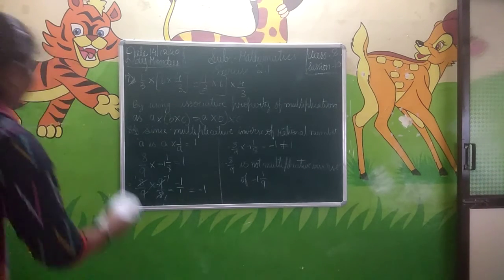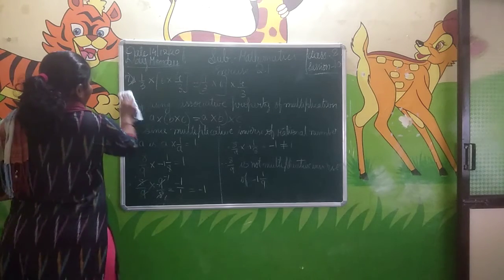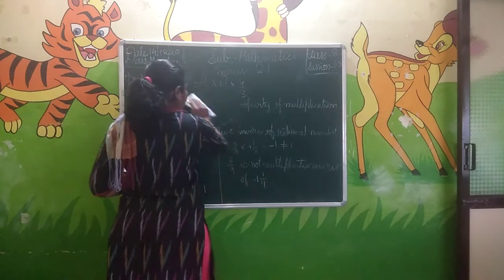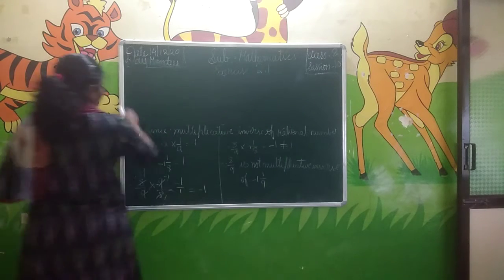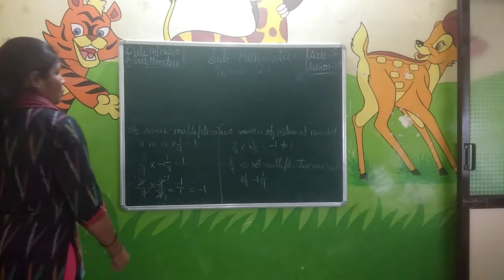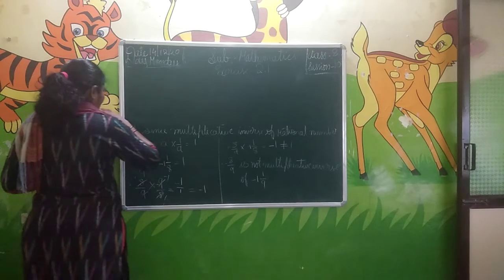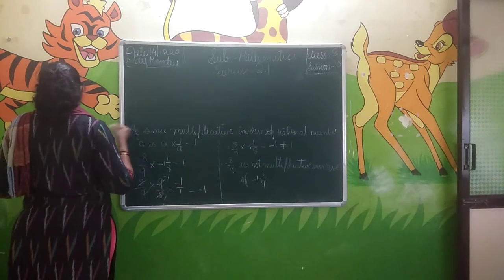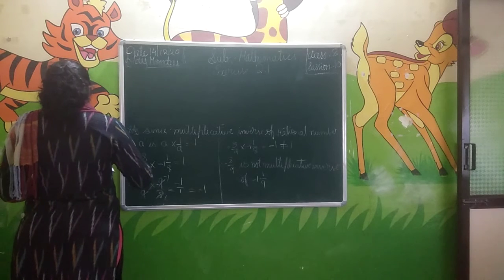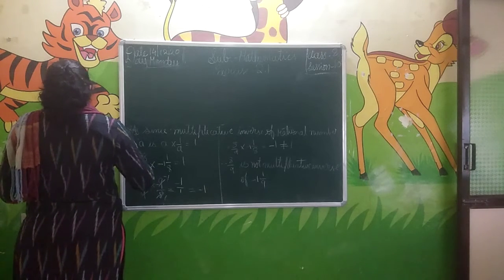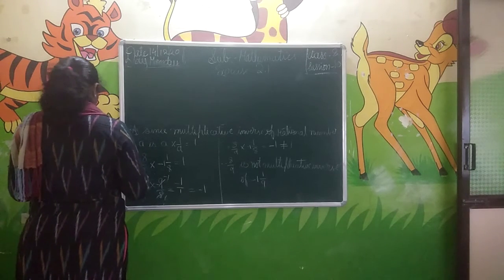How we have done in the 8th problem, in the same way we have to apply the multiplicative inverse for the rational numbers. What is the multiplicative inverse? If a is a number, its multiplicative inverse is 1 by a. Therefore, a into 1 by a is equal to 1.